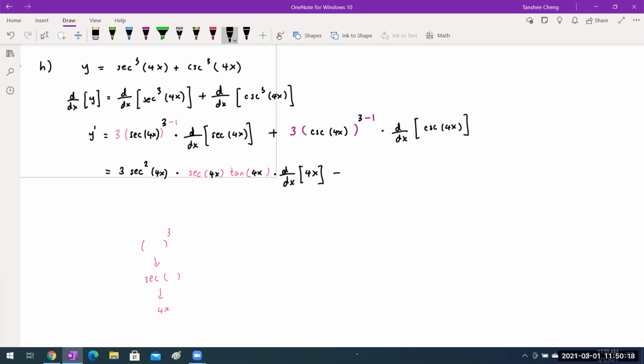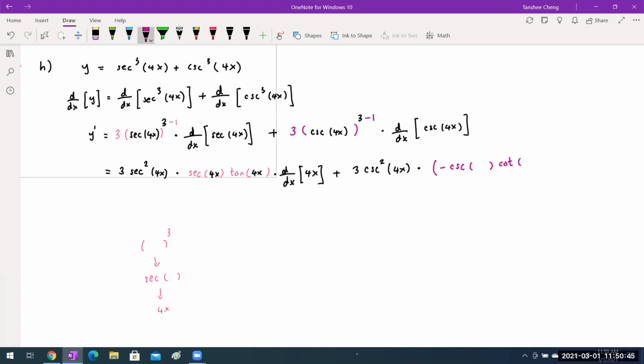And then plus, same thing for the next one, 3 times cosecant to the second power 4x times the derivative of cosecant. That is negative cosecant cotangent.